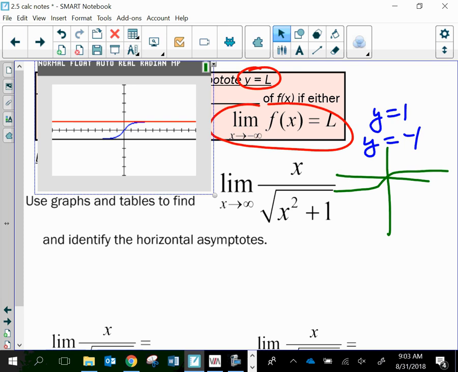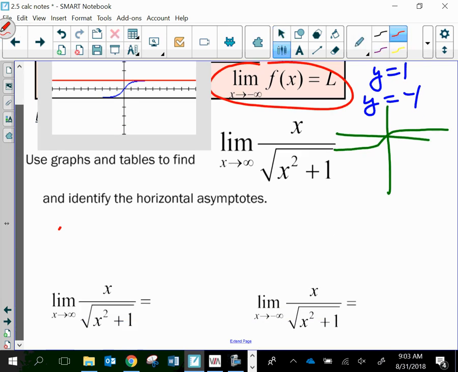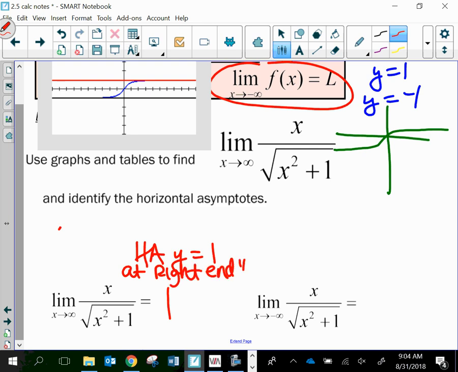And this is for this end. So the limit, I have them written down here, as we approach infinity, what's that limit? At this end, 1. That's the horizontal asymptote at the right end. Now I say end, but you know, it isn't ending, so, okay?